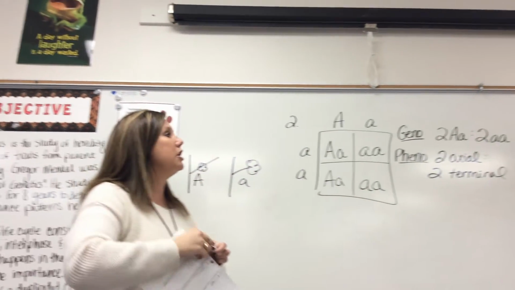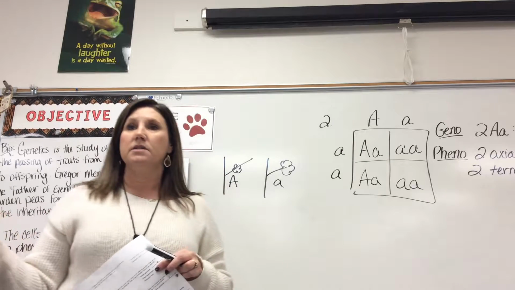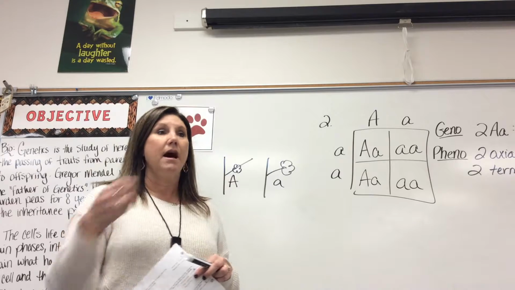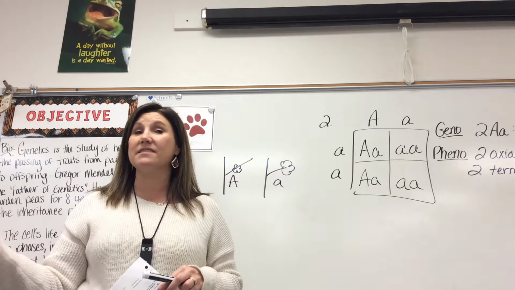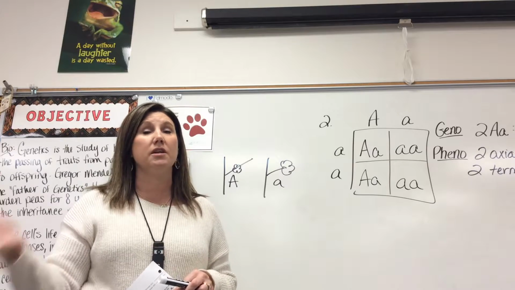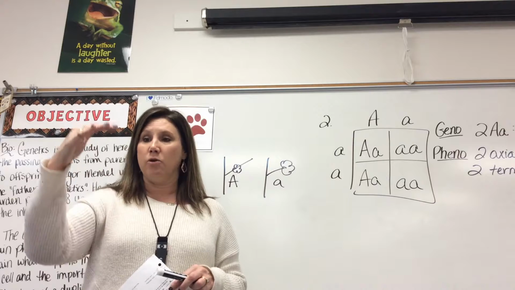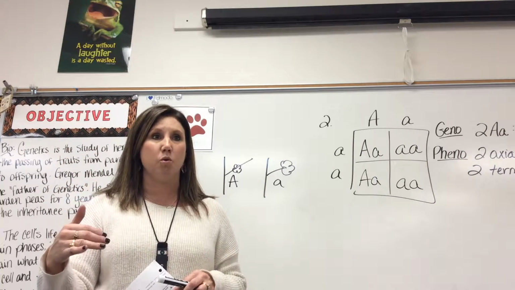Now, 2 to 2 in a ratio is the same thing as 1 to 1. So if that bugs you and you want to reduce, you can. I typically just leave it, but if you were to take this on the STAR test and have this question, you might work it and see 2 to 2, and you go through all the choices, and 2 to 2 is not a choice, but 1 to 1 is a choice.